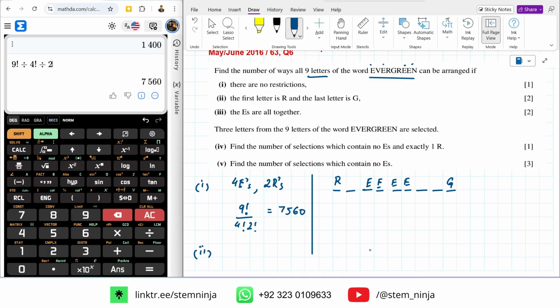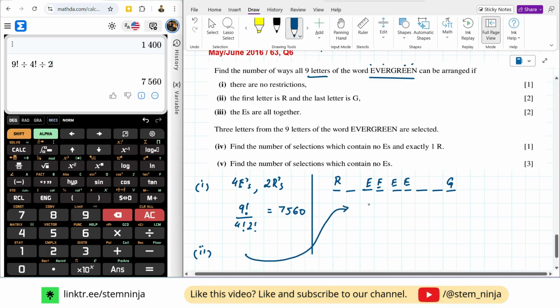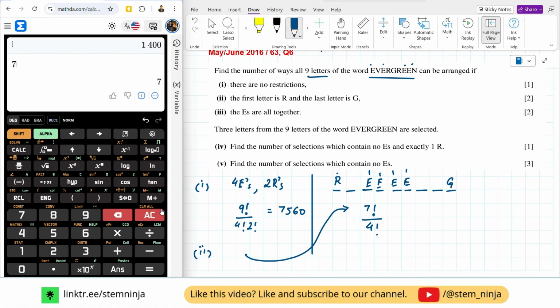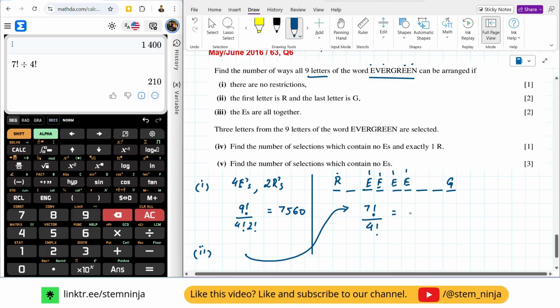So R and G have already been selected, so we have to select from the 7 remaining letters, and since there are 4 identical E's, divided by 4 factorial. So 7 factorial divided by 4 factorial, that is 210.